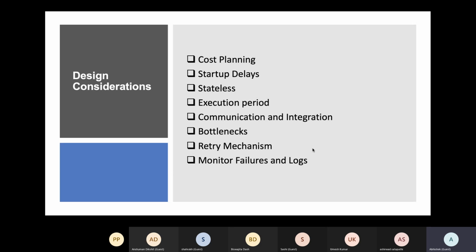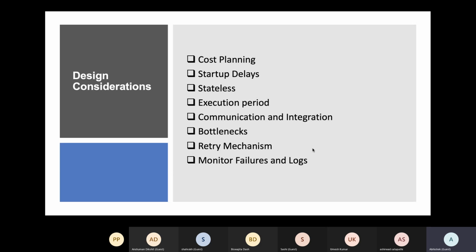Then the next thing you need to take care of is communication and integration. I told you that when we have a long running functionality, we break it into smaller functions and run it, right? Then I need to make the communication happen between all these functions. These functions should be able to communicate and integrate among themselves efficiently. How can they do it?